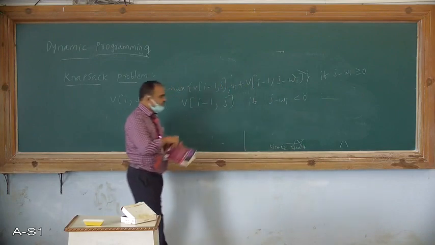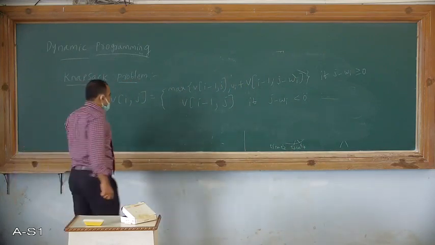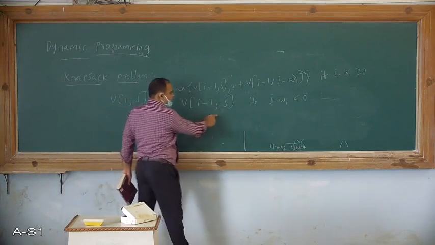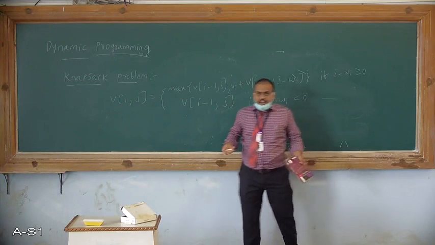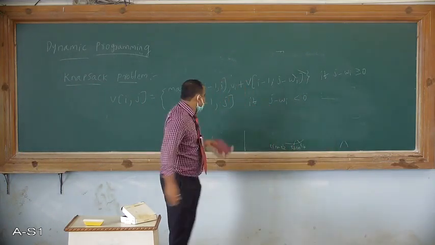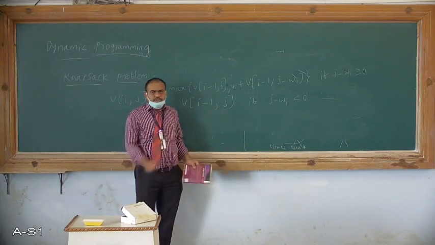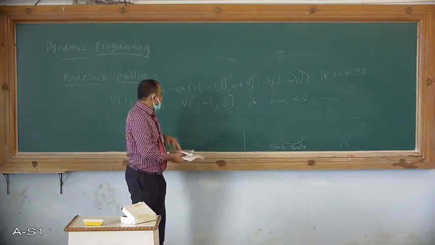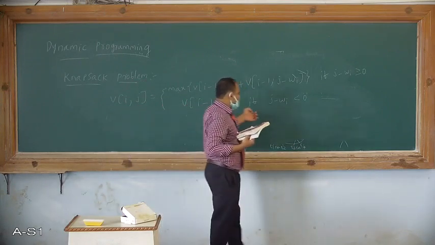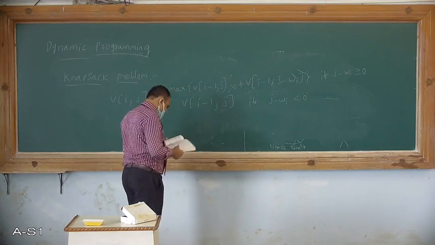So this is one more formula that is applicable here. What is this? V of i minus 1 comma j if j minus wi is less than 0. If the value is less than 0, at that time we will apply V of i minus 1 comma j. So whatever the value is there in the previous table, same thing we will apply, V of i minus 1 comma j. This formula is applicable.